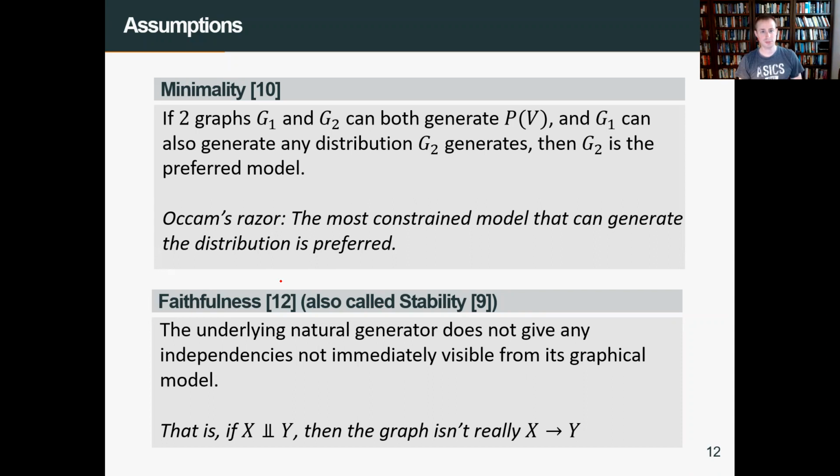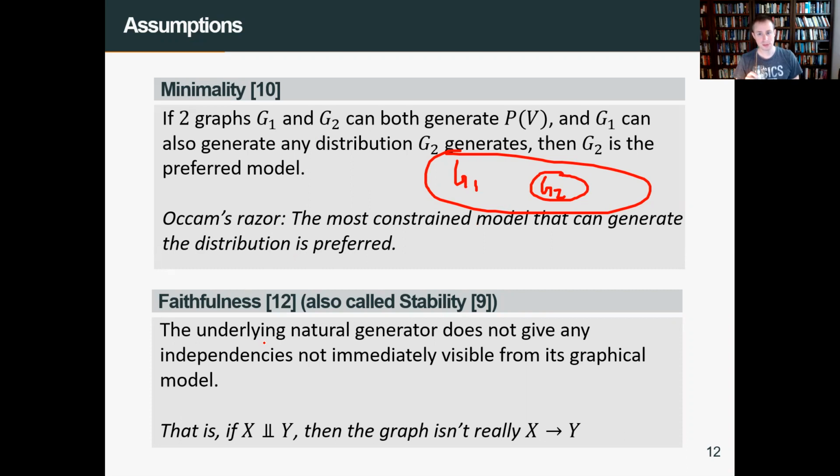The intuition here is that we want the most constrained model for our distribution. Pictorially, maybe G1 generates this set of PVs, but G2 is going to only generate this set of PVs. So you want the simplest model. Okay, so that's what minimality is.